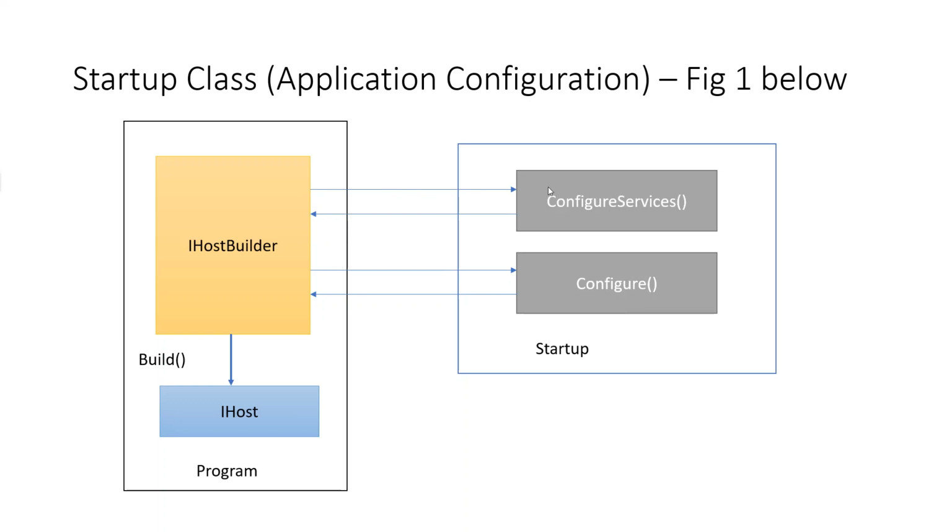So there is two-way communication. This calls on the ConfigureServices method, and the ConfigureServices method registers the service and returns it to the IHostBuilder. Similarly, the Configure method builds the middleware pipeline and returns the object to IHostBuilder. So that's how the startup class is communicating with the program class.